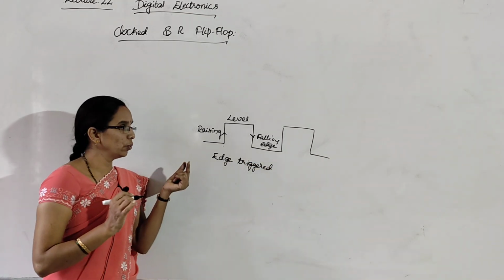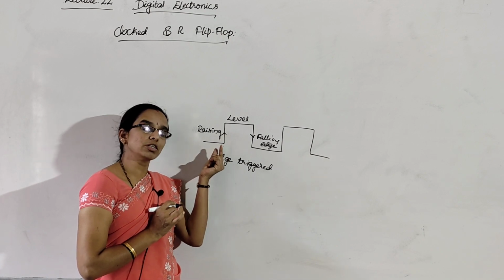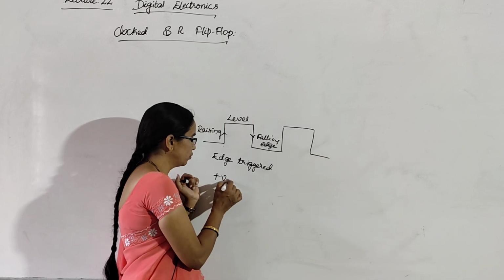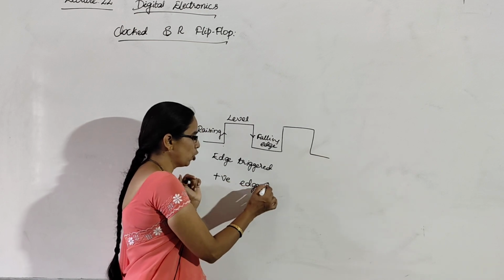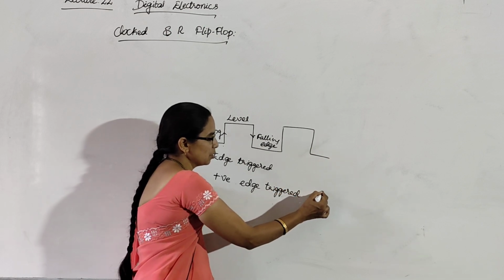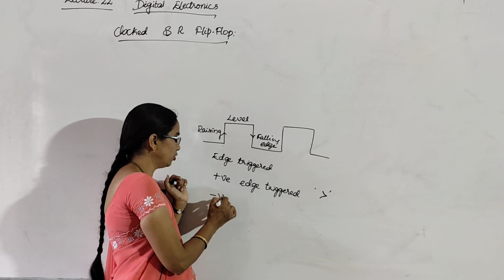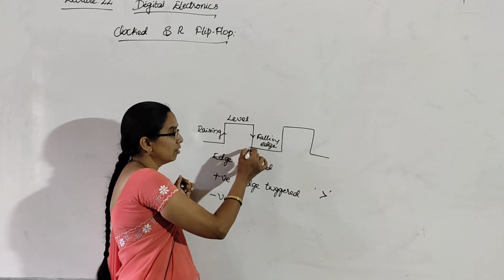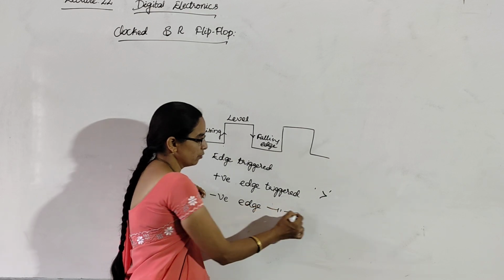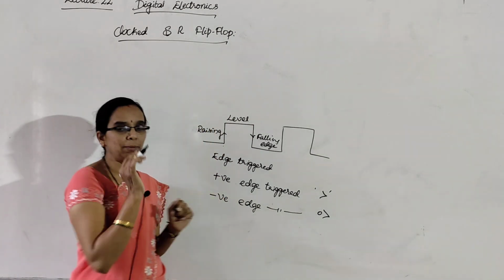If the flip flop responds to the rising edge of the clock signal, then it is called a positive edge triggered flip flop, and it is represented by this symbol. And if the flip flop acts on the falling edge, then it is called a negative edge triggered flip flop, and it is represented by this sign along with the bubble.